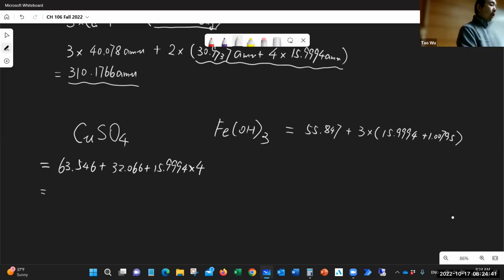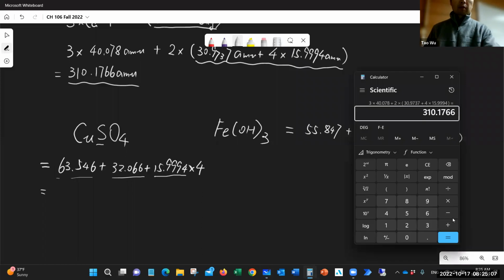So let's look at it. If you look at the copper 2 sulfate, we have one copper. So we write down the mass for the copper, and one sulfur, just write the sulfur's mass, and 4 of the oxygen, so the oxygen atoms times 4. So this is the total composition. Then you add them together.